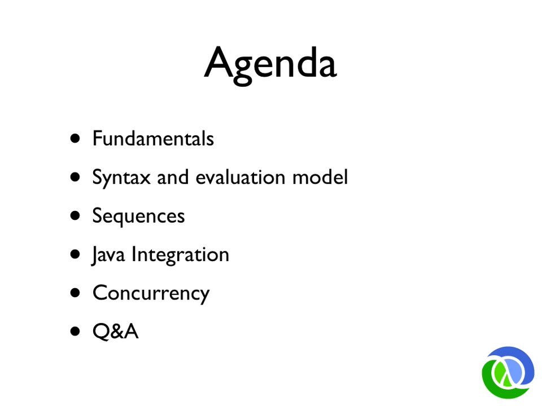Then we'll look at the syntax and evaluation model. This is the stuff that will seem most unusual to you if you've come from a compile, link, run language and one of the curly brace C derivatives like Java. Then we'll look at some aspects of Clojure, sequences in particular, and the Java integration, which I imagine will be interesting.